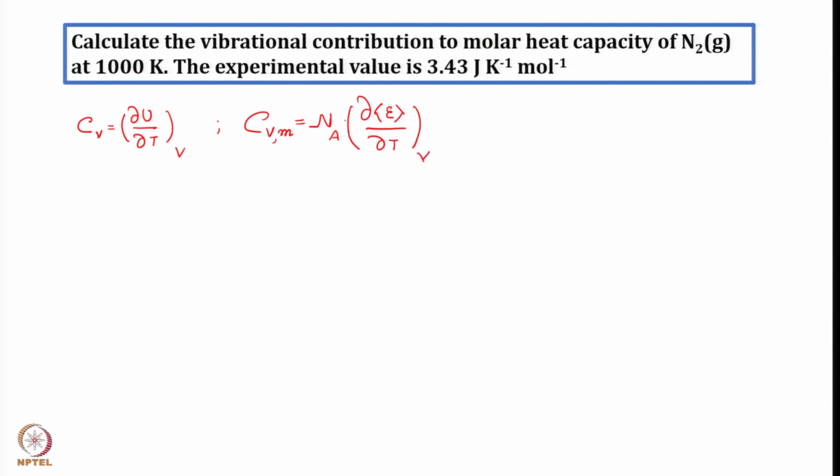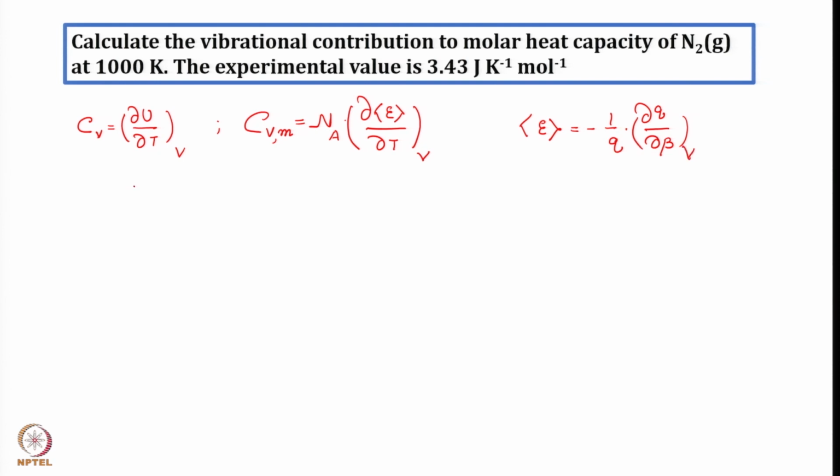That also we know. So why don't we first get an expression for the mean energy? Mean energy is minus 1 by Q into del Q by del beta at constant volume. Let us do that.